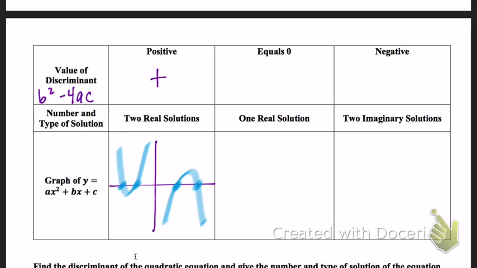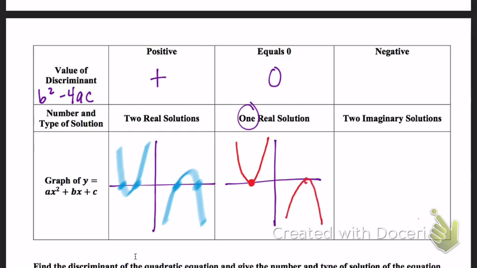Now, number 2 we saw that it equaled 0, and I only had one real solution. So what that means, when I'm looking at my graph, is my parabola is actually going to touch the x-axis, and then it's going to bounce right back off. So it's not going to intersect at 2 points, it's only going to intersect at 1 point.